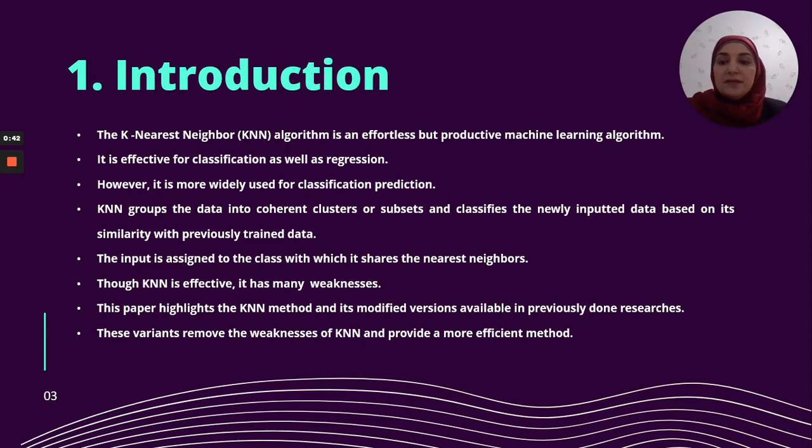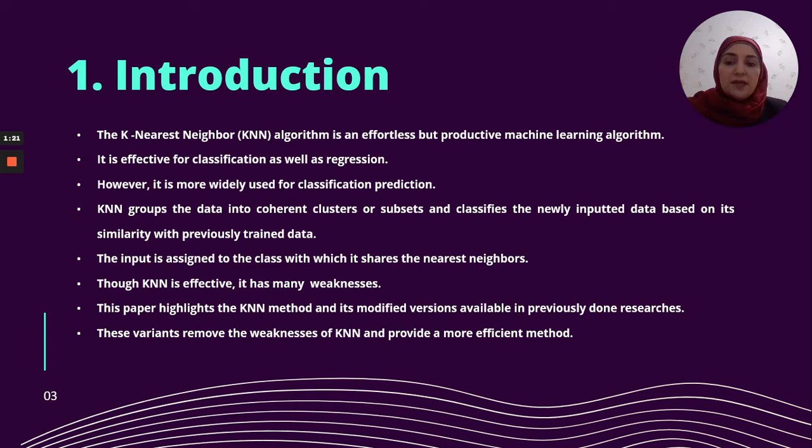What is the K-nearest neighbor algorithm? It is an effortless but predictive machine learning algorithm. It is effective for classification as well as regression. It is more widely used for classification prediction. KNN, or the K-nearest neighbor algorithm, groups the data into coherent clusters or subsets and classifies the newly inputted data based on its similarity with previously trained data.